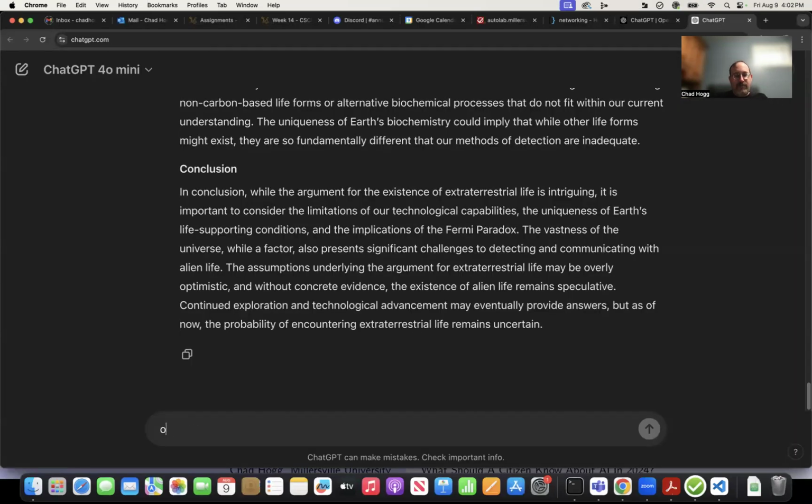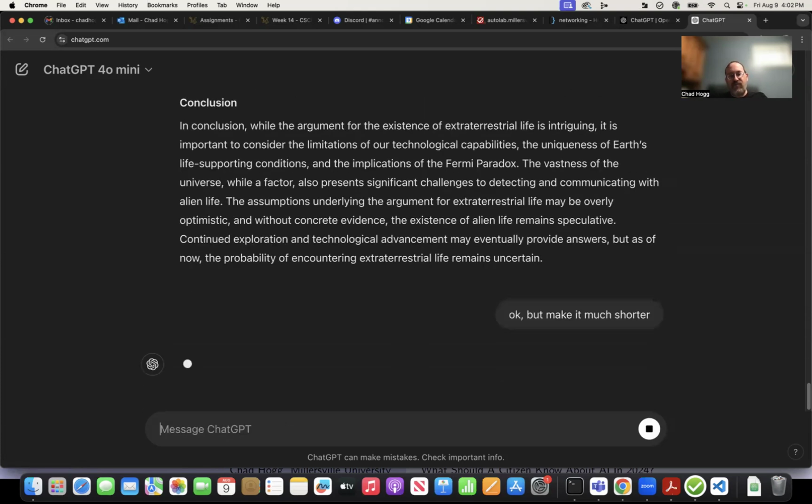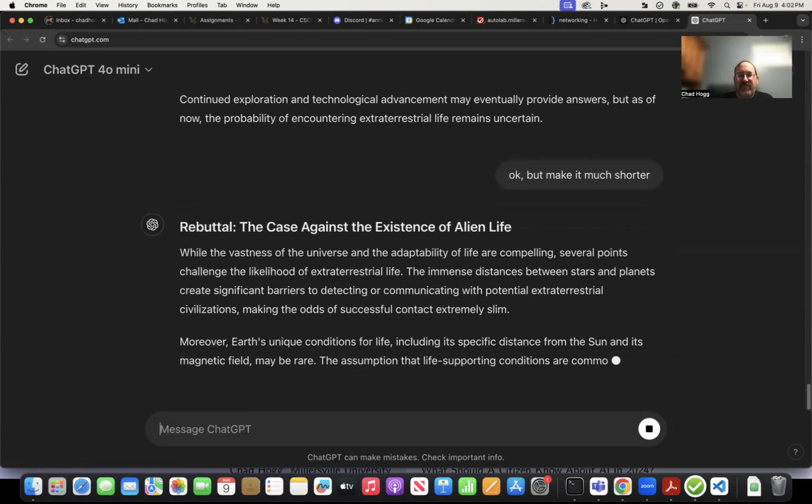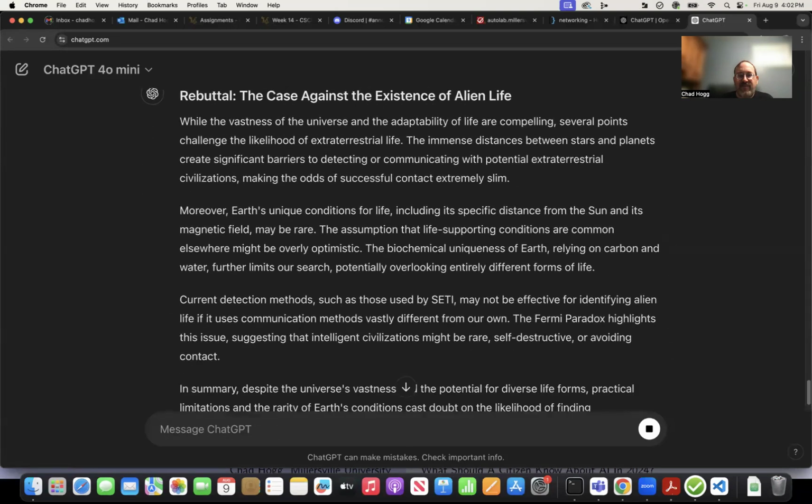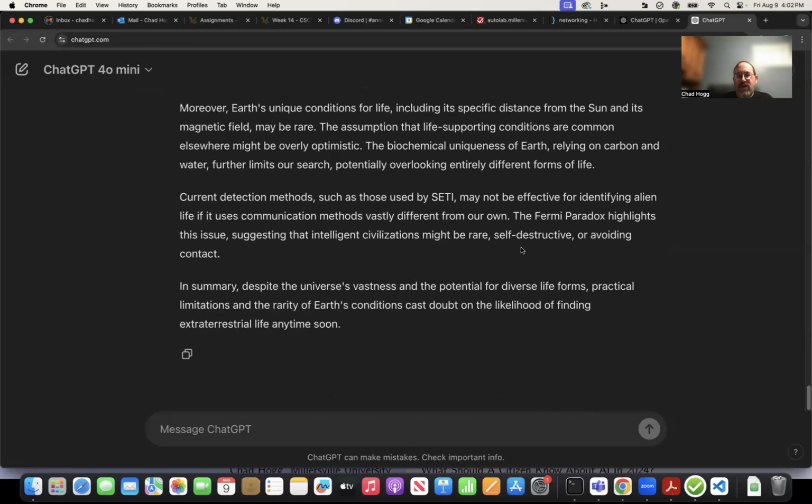I might say, okay, but make it much shorter. And it'll make it somewhat shorter anyway. So as you can see, ChatGPT seems to know a lot. I'm able to ask it questions and get answers that at least seem to be correct.